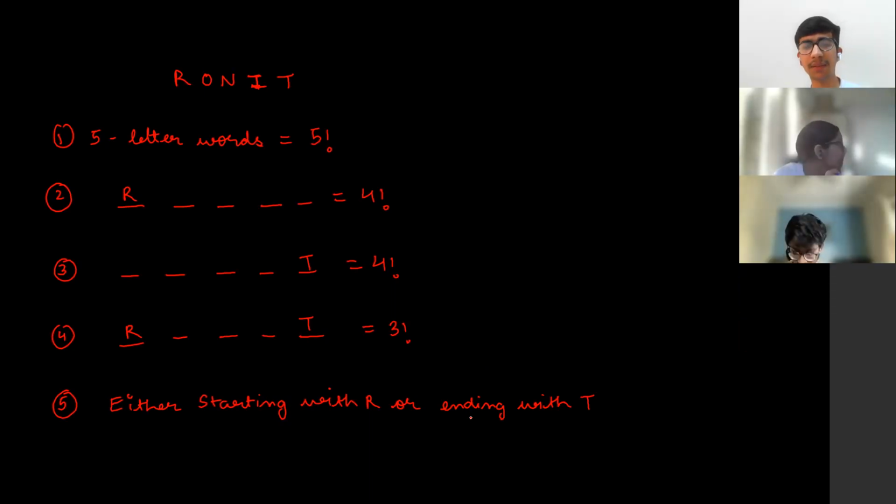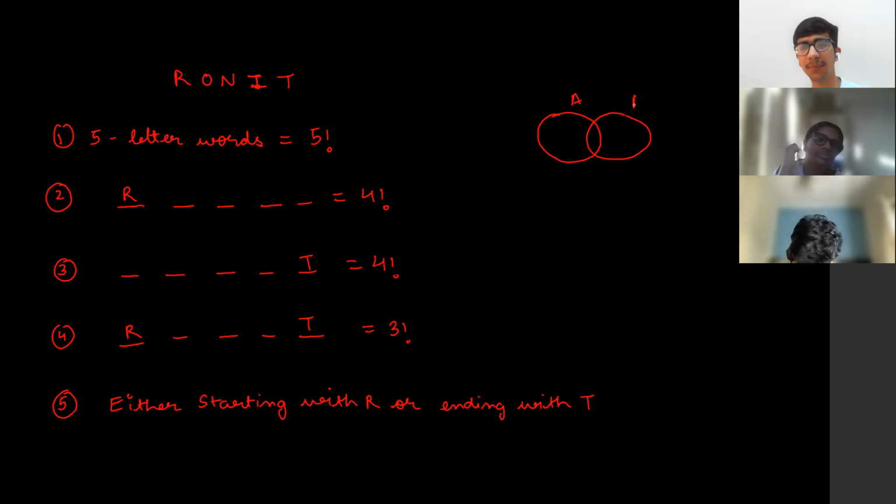So either starting with R or ending with T. ये basically PnC sets वाला हो गया. देखो, the first set is that the letter is starting with R. The second set is it is ending with T, right? So अगर तुम 4 factorial plus 4 factorial कर रहे हो तो A intersection B वाला केस 2 बार काउंट हो जाता है. So A union B निकालना है, तो हम लोग क्या करते हैं, n of A plus n of B minus n of A intersection B. So n of A क्या होगा?